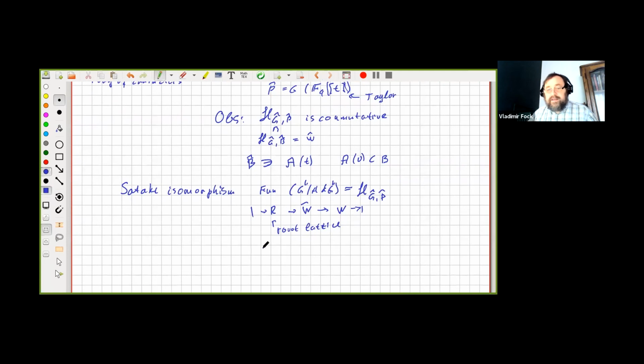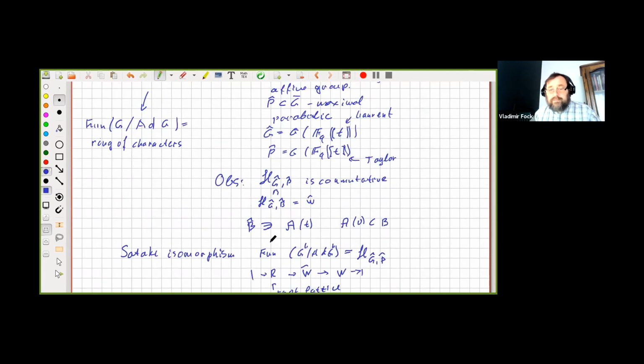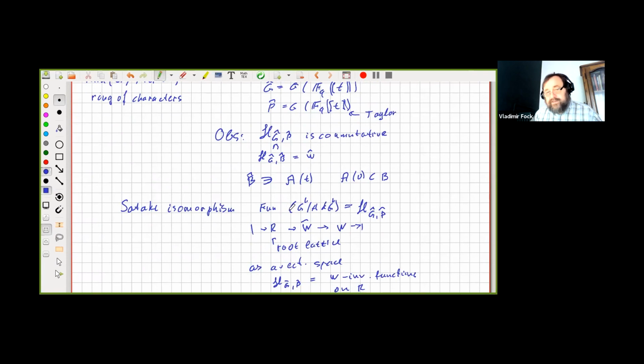So as a vector space, H of G hat, P hat is just the W-invariant functions on R, quotiented by W. So you have here the root lattice, and the characters are functions on the weight lattice.